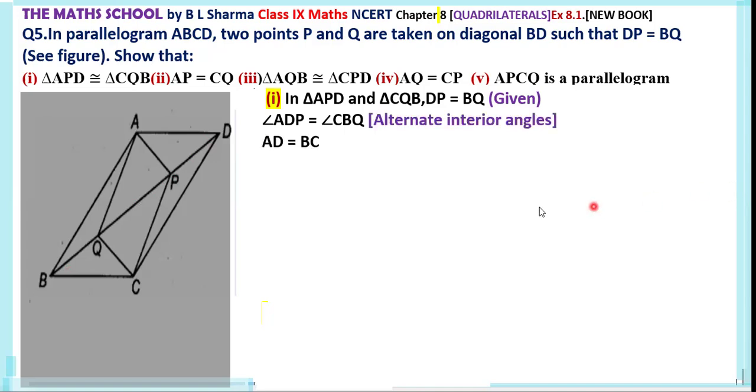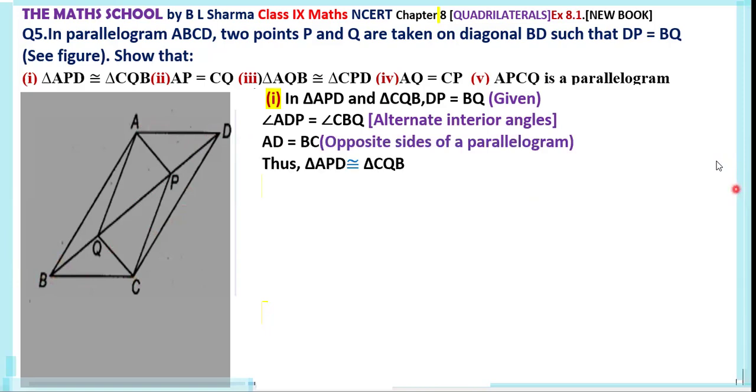AD is equal to BC, opposite sides of a parallelogram are equal. Thus, triangle APD is congruent to triangle CQB by SAS. Two sides are equal and the included angle is equal. That is why the two triangles APD and CQB are congruent. So the first part is proved.